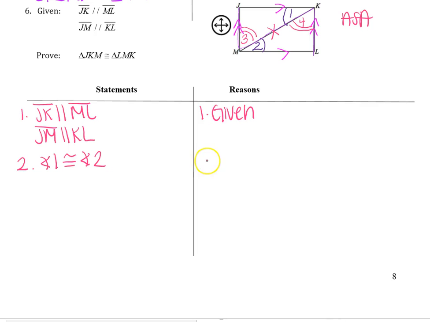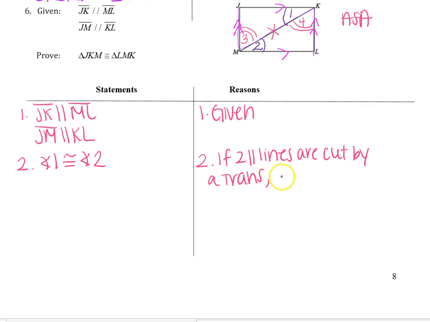Angle 1 and angle 2 are congruent, and I'm going to say if two parallel lines are cut by a transversal, alternate interior angles are congruent. Now, by the same reasoning, I knew 3 and 4 were congruent. By the same exact justification that I had two parallel lines cut by a transversal and alternate interiors are congruent. So under the same step, I can also say 3 and 4 are congruent.